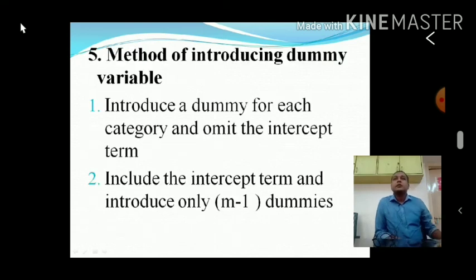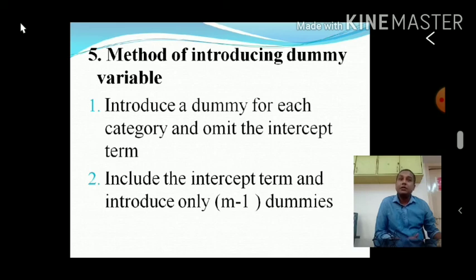Now when it comes to the fifth point, method of introducing dummy variable, there are two methods. One is either you introduce a dummy for each category and omit the intercept. Clear? So if there are 4 categories, you give 4 dummies and omit the intercept. If there are parties like for example BJP, Congress and Janata Dal, there are 3 parties as an option.